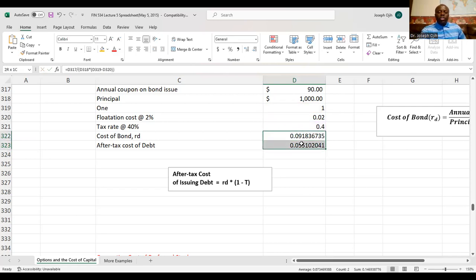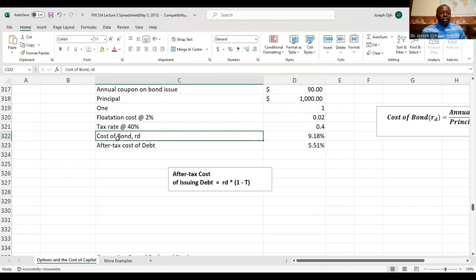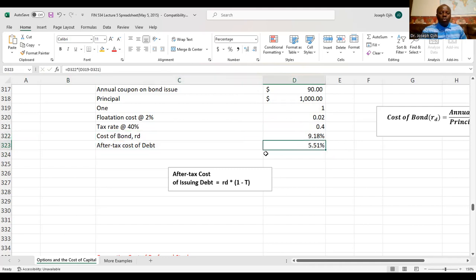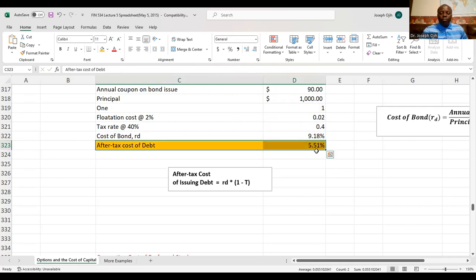So we can now change this to percent. I'll make it 2 decimal places. Now this is the cost. The one we're looking for, the after tax cost, is 5.51%.